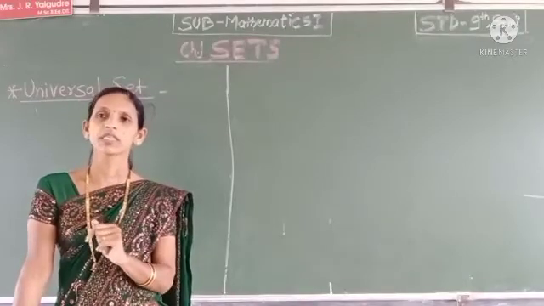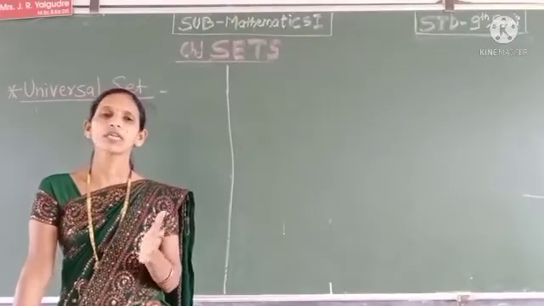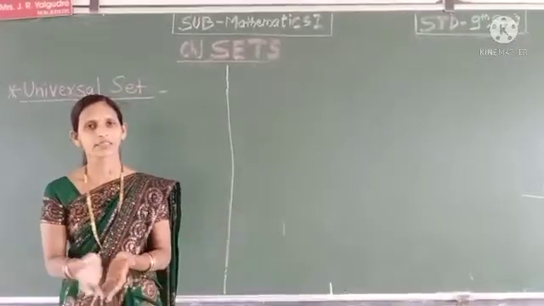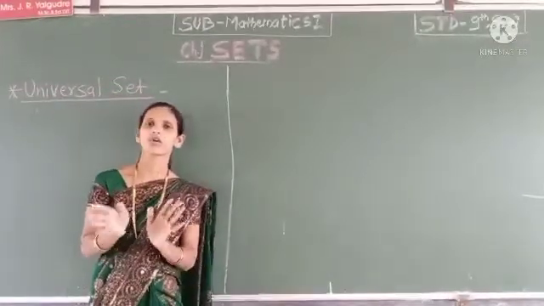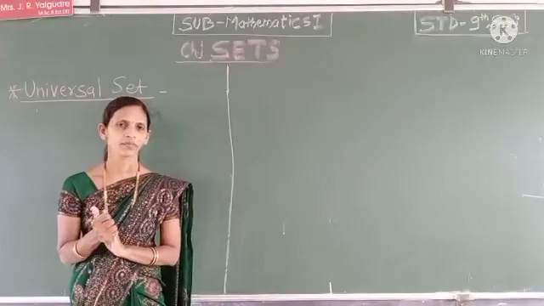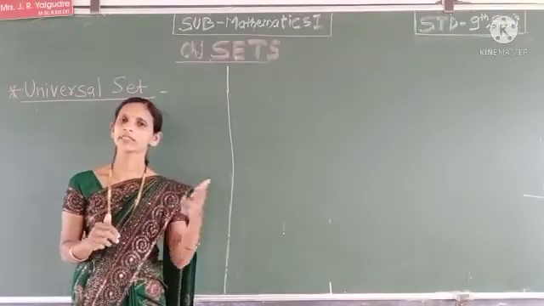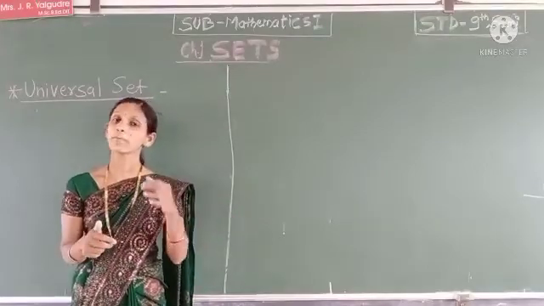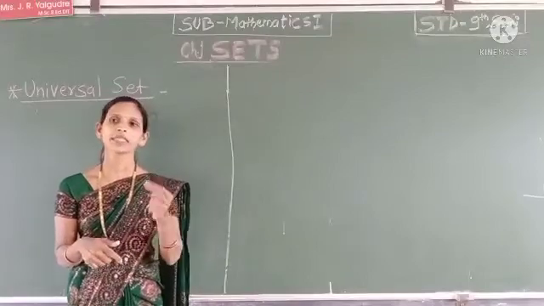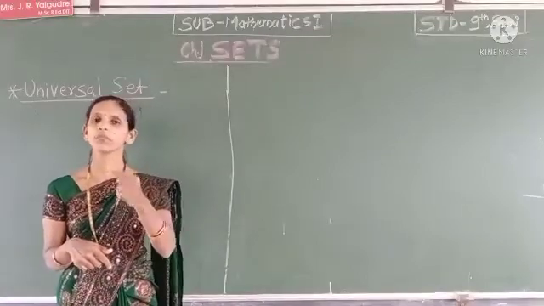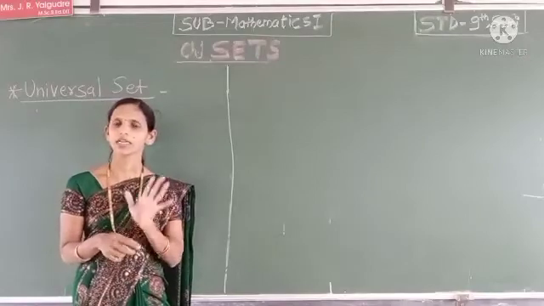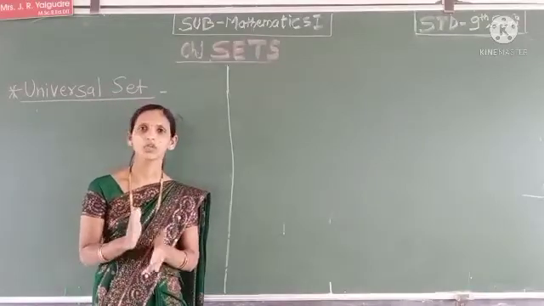That means the bigger set of all other sets is called the universal set. All other sets given in the examples should be subsets of that bigger set. That set is called the universal set.